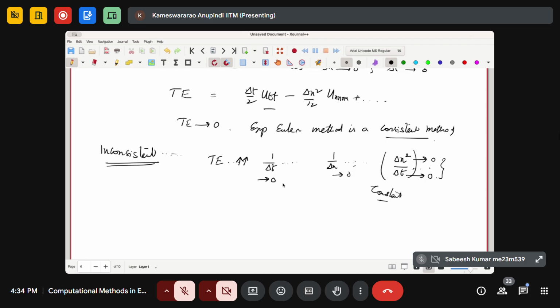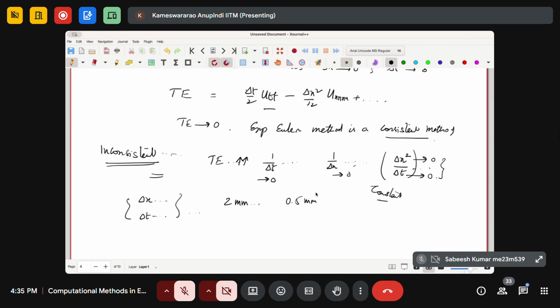This can happen many times in any of the simulation software you would use. Sometimes you will see that I have taken a very fine mesh and a very tiny delta t, but my solutions are more different from what they are supposed to be. When I worked with a cell size of, let us say, 2 millimeters, I'm getting a better result. When I made the mesh size 0.5 millimeters, my solution is actually worse.